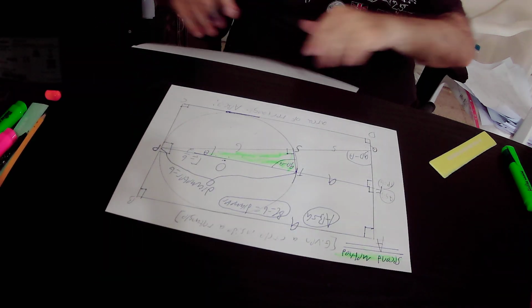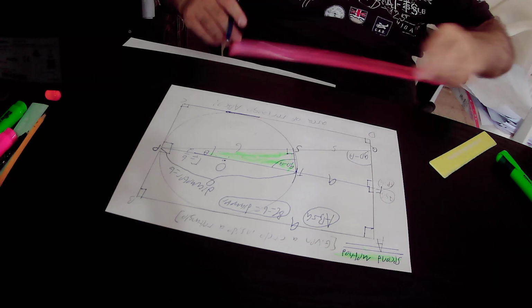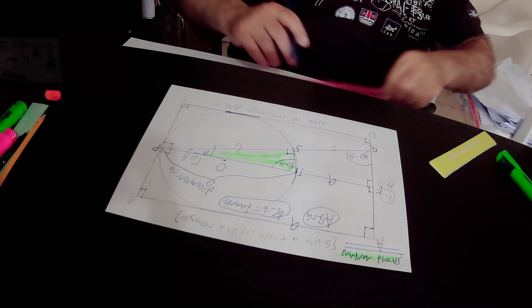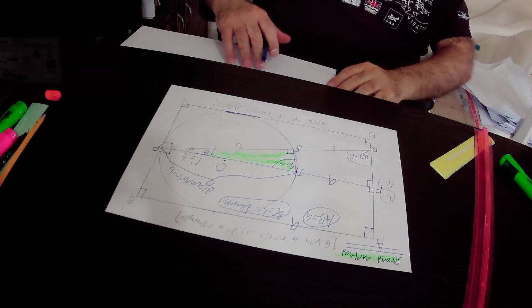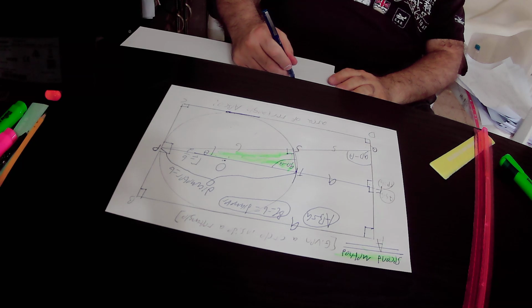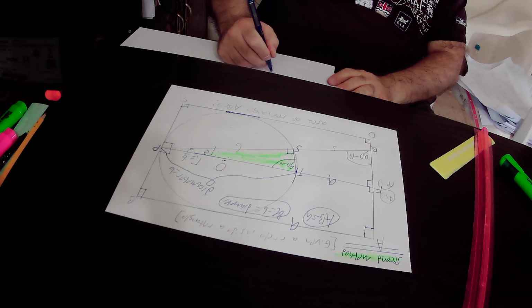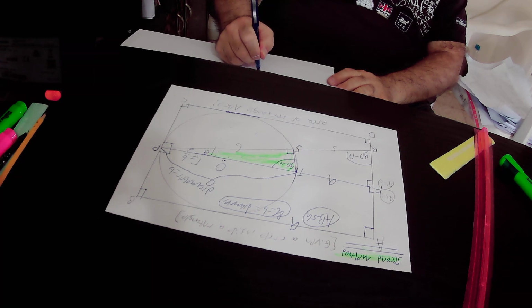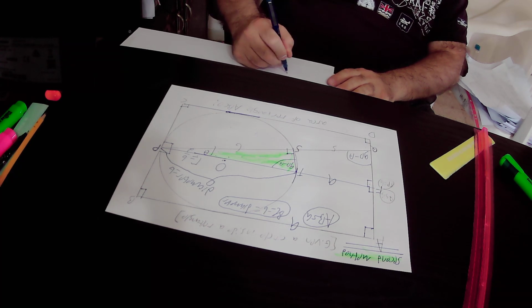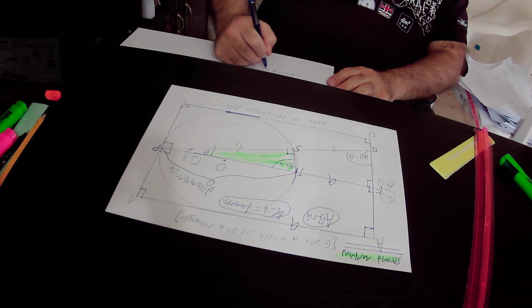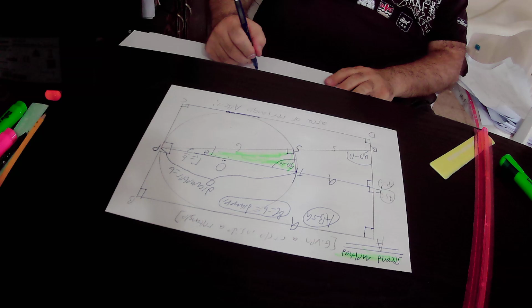So I write it down: triangle FQP is similar to triangle TSP, according to the angle similarity rule.